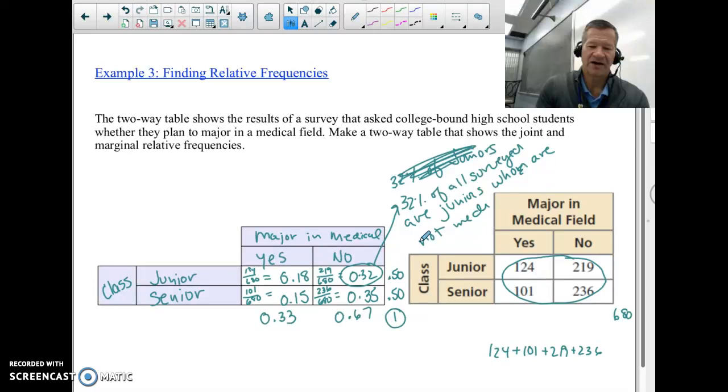So I'll just say who are not medical majors. And there you go. So it's important to, I started out saying that wrong. It's 32% of everybody that's surveyed, of all 680. Okay, and that's it for example 3.